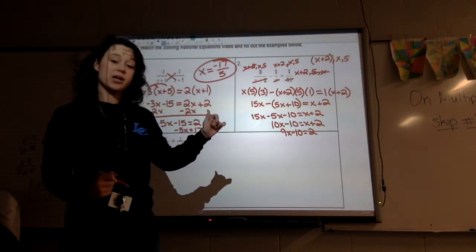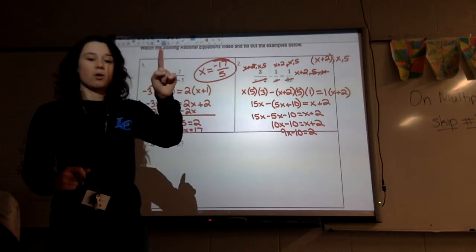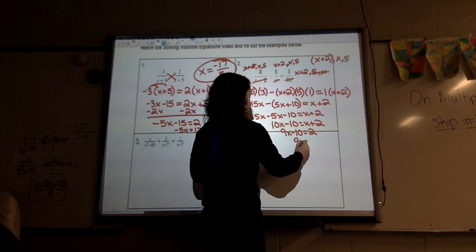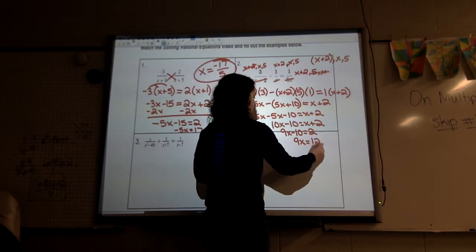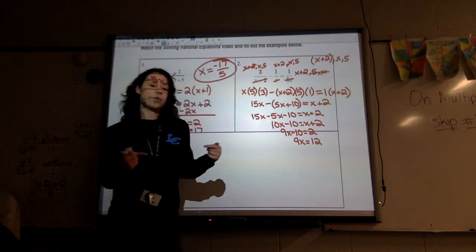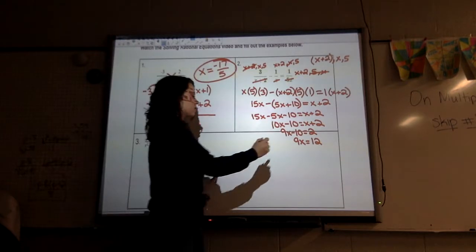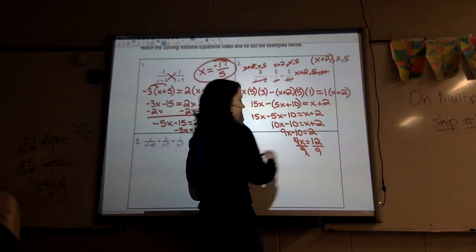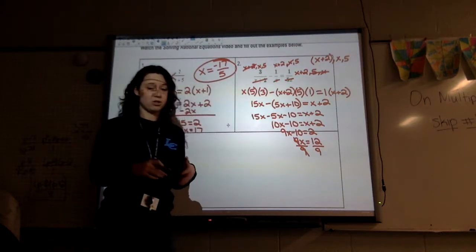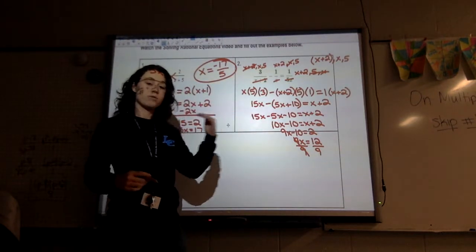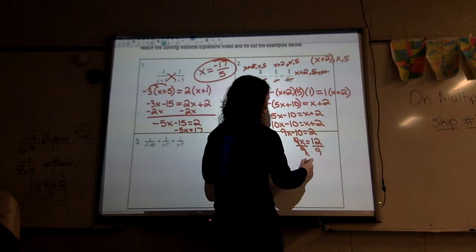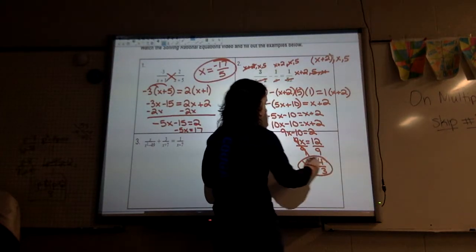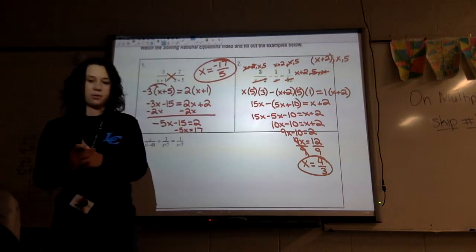I can take that negative 10, move it to the right with the 2, so that I get 12. And my very last step here to get x by itself is to divide by 9. And when I do that, I get a fraction that can reduce, and you can type that in your calculator, but 12 over 9 is going to reduce to 4 over 3. And then you're done right there.